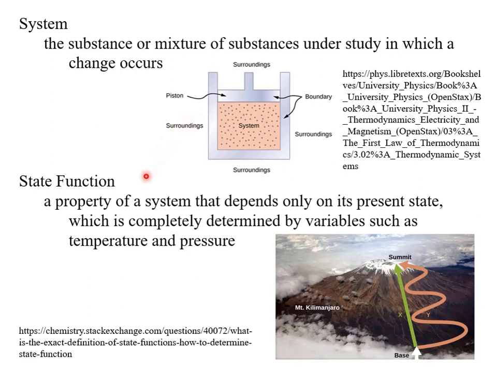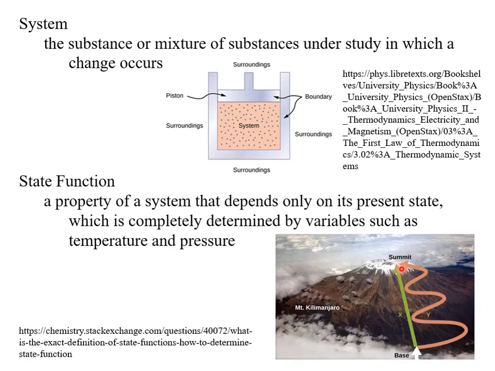Okay. Another term that we learned in chapter 6 was a state function. It's a property that depends only on its present state, not on how it gets there, by variables of temperature and pressure. And so the example here is I can take path X up Mount Kilimanjaro, which is much more difficult, is rock climbing and that type of thing, or path Y, which is what they call a switchback system.